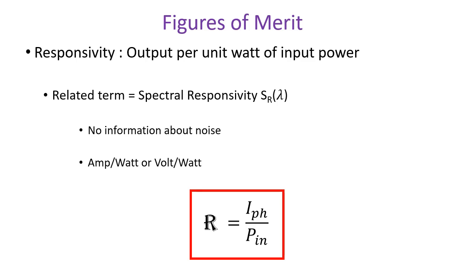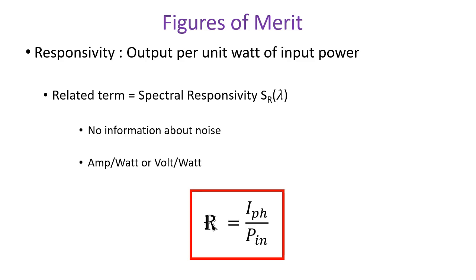A similar figure of merit is also called the spectral responsivity. Clearly, depending on the wavelength of your input signal, the response is not going to be exactly equal. Because the responsivity is wavelength dependent, one can also talk of the spectral responsivity, which simply tells me the operational wavelength at which a specific responsivity should be looked at, right?